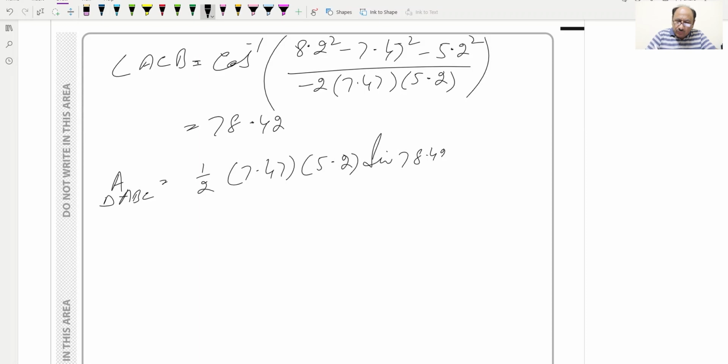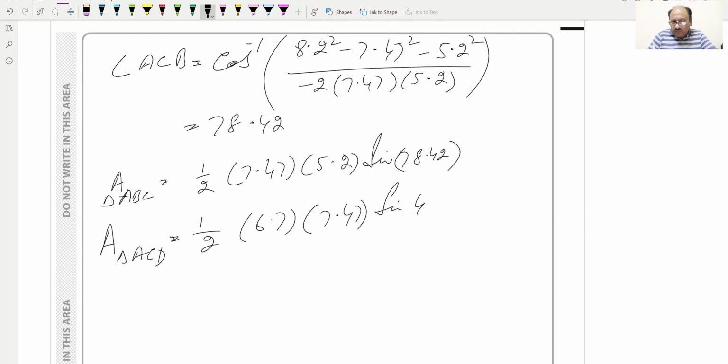And the area of the other triangle, ACD, will be equal to 1 by 2 into one side, 6.7, into the other side, 7.47, into sine of 48 degrees. We can find these two values and add them.